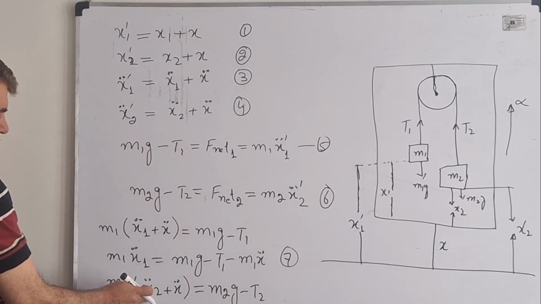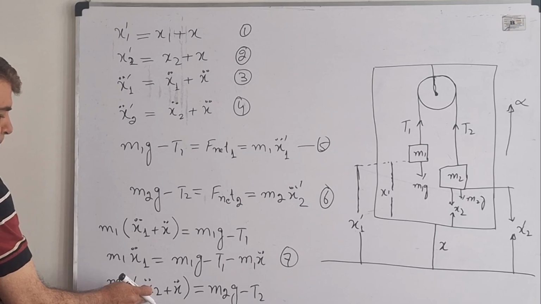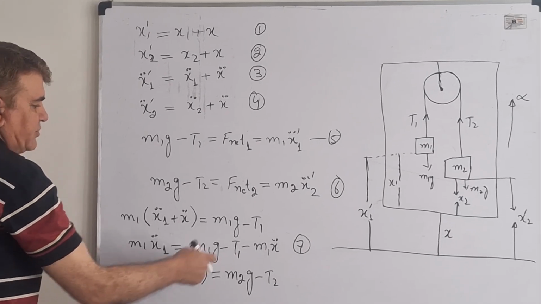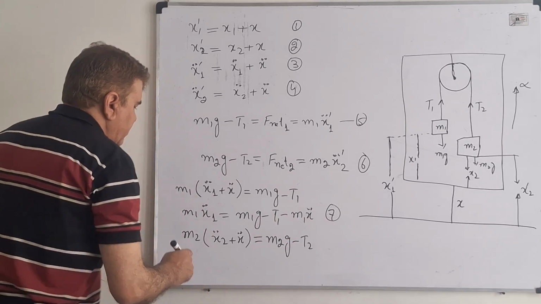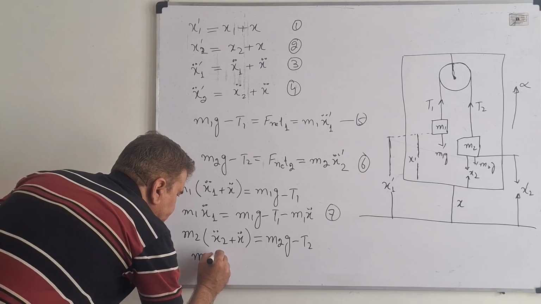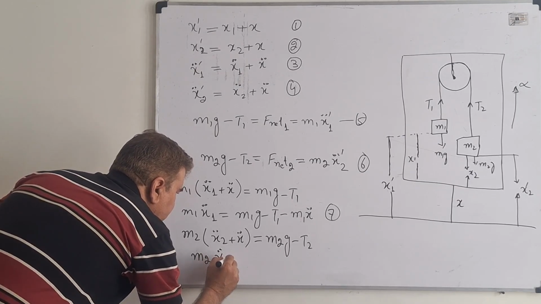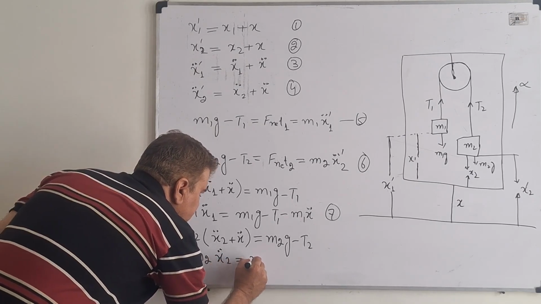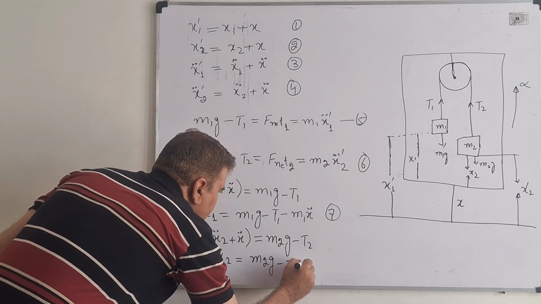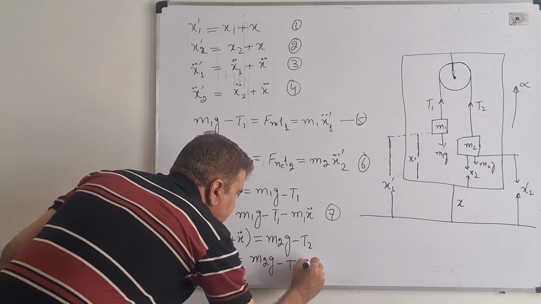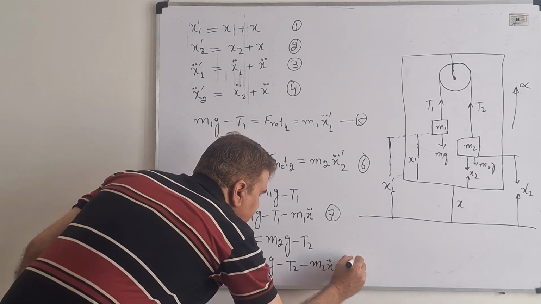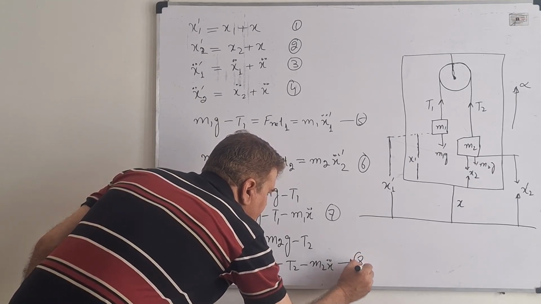Again, I'm interested in finding the acceleration of the second particle, x double dot 2, so I can take this term to the right and put the equation into this form: m2 x double dot 2 equals m2g minus T2 minus m2 x double dot. I call this equation 8.